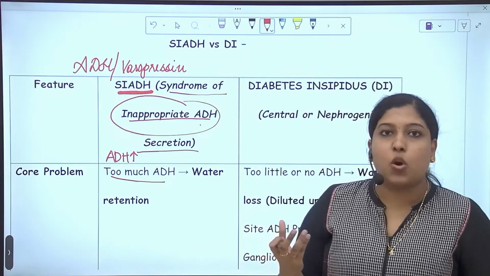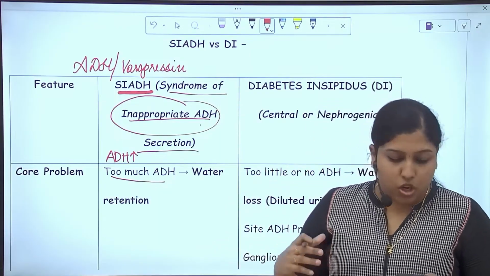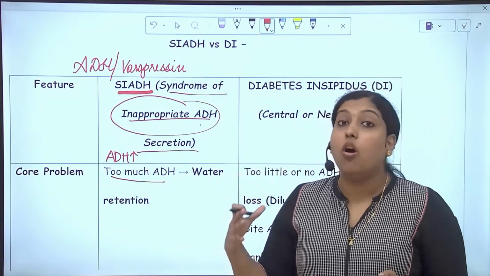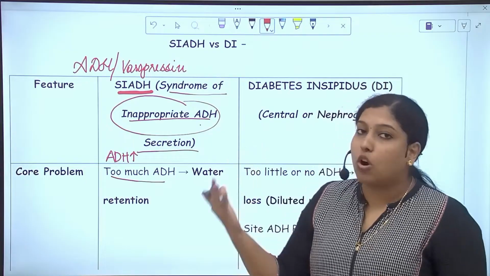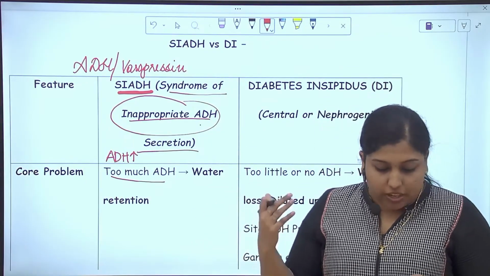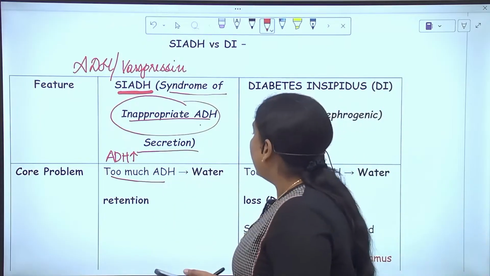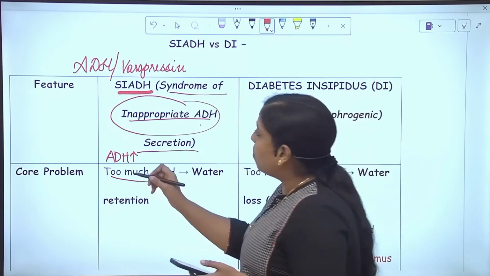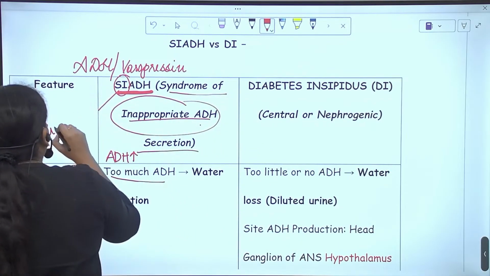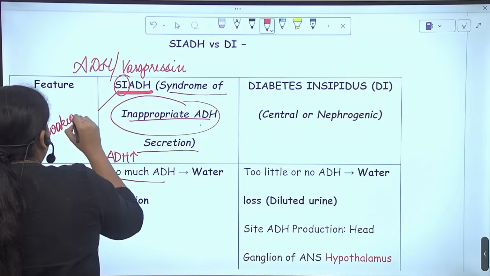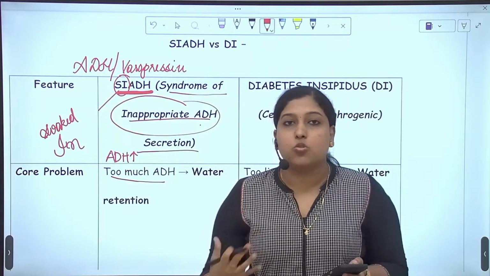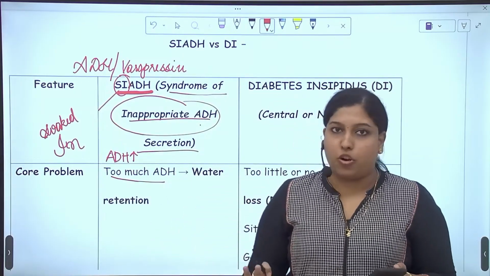ADH promotes water retention, and ADH also increases your blood pressure. So the problem in SIADH: too much ADH means too much water is inside my body.